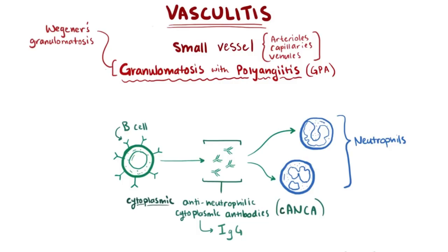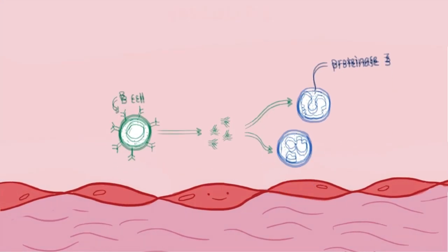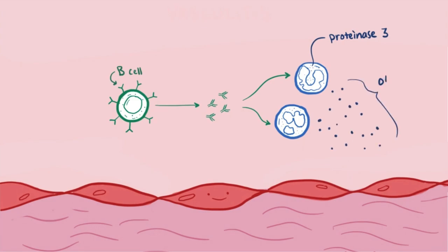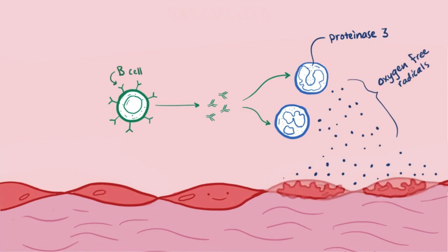Yes, the name is hilariously redundant, with cytoplasmic included twice to drive home the point. c-ANCAs target and bind to a specific neutrophil granule called proteinase 3, which is embedded in the membrane of some neutrophils. Once c-ANCA binds to the neutrophil, it causes the neutrophil to release oxygen-free radicals, which can then indirectly damage the nearby endothelial cells, causing vasculitis. On a biopsy, you can see evidence of inflammation and granulomas in the blood vessel wall.